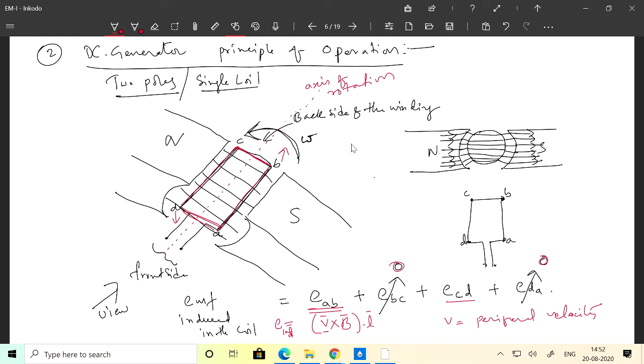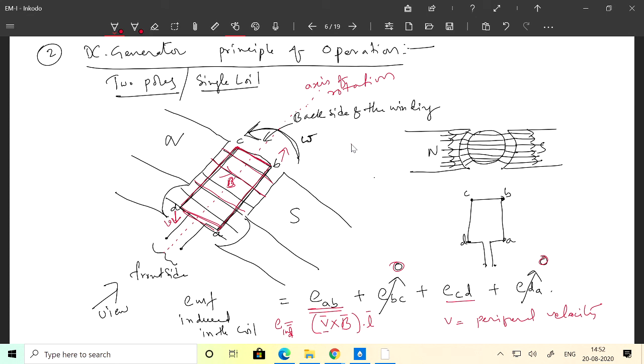The flux density B in this air gap is in this direction, and the velocity V is downwards.